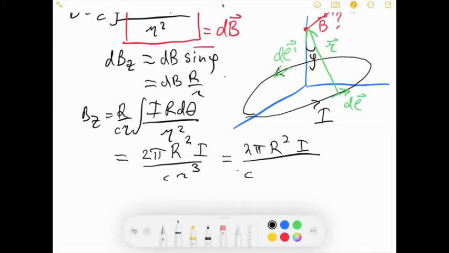And now you get R squared plus the Z coordinate squared to the 3/2. All right, and this is still, of course, in the Z direction. So finally, B is B Z Z hat.